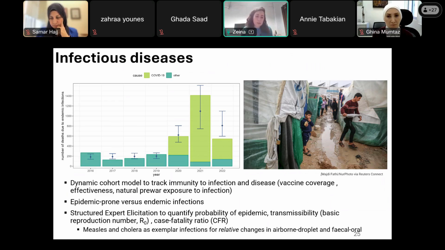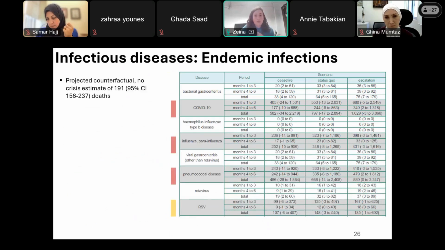We did some expert elicitation to put inputs into the model, to look at case fatality ratios from the literature, but also from experts. Later on, we find that the big endemic infections that would be really causes of death in Gaza would be COVID-19, influenza, and pneumococcal diseases.